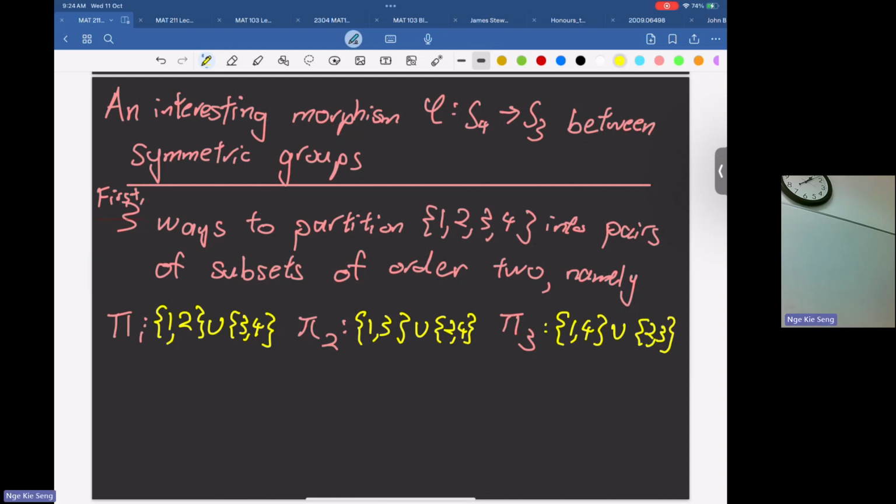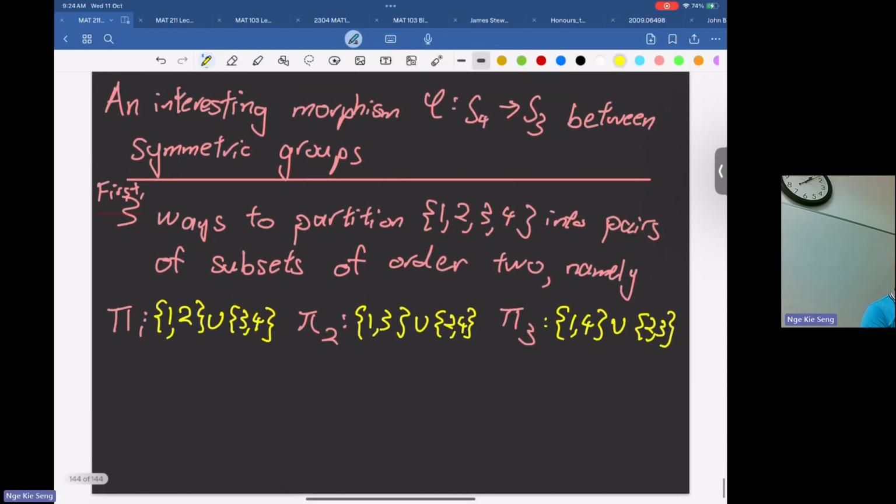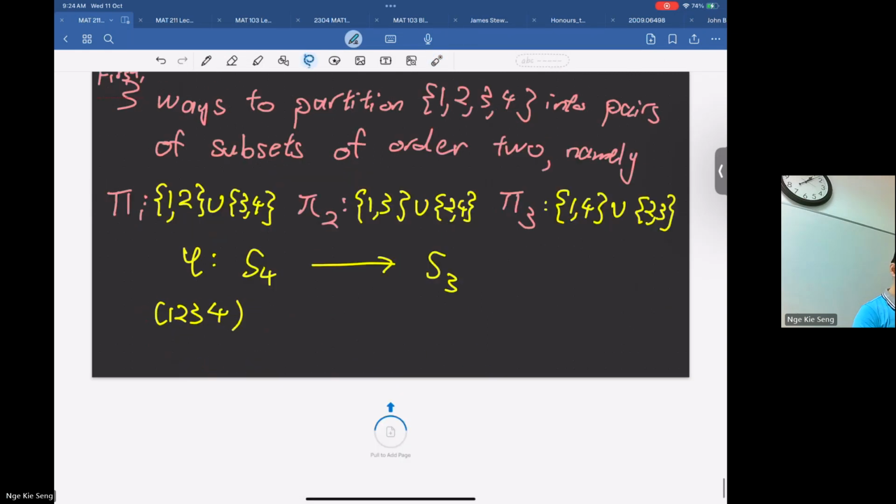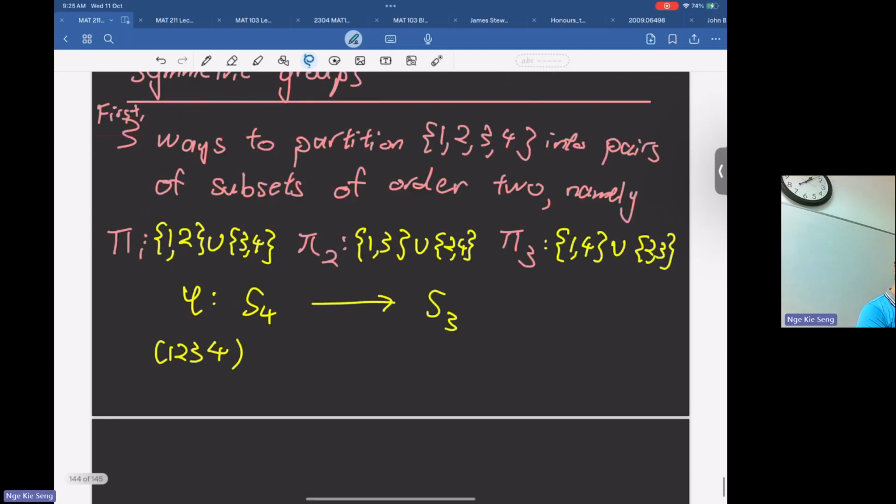Okay, so for example, let's try (1 2 3 4). What happens if I apply (1 2 3 4) to pi 1?